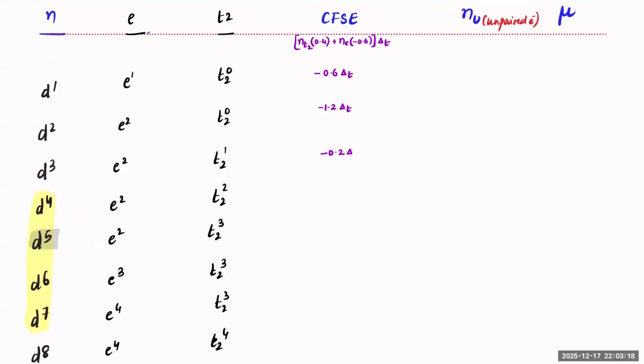Now let me rewrite this once again. Check out. D3, if you have, you should have 2 electrons in here, which means it is minus 1.2. And here it is 0.4. So minus 1.2 plus 0.4 will make it how much? Minus 0.8 delta T.